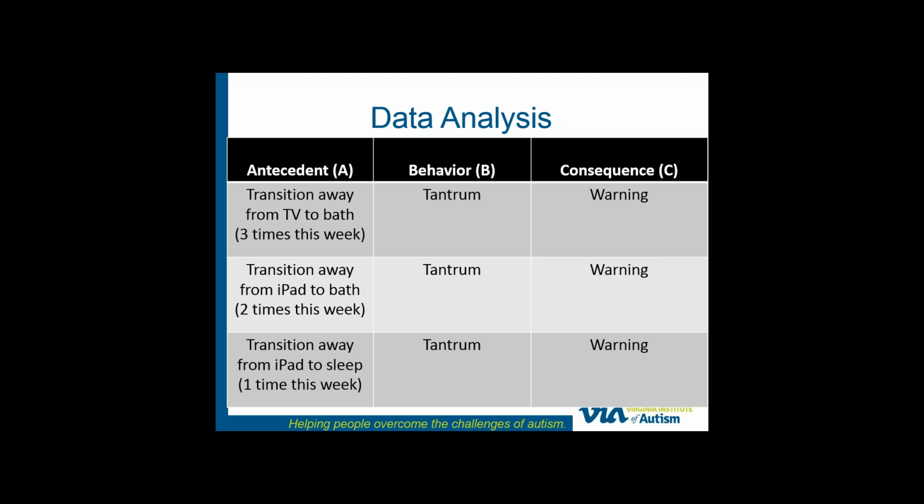So you start observing and recording information, and you realize that the tantrums are occurring more often, not every time that you tell him to go to the bath, but when he's engaged in something fun when you tell him to take a bath. In this example, what the parent did was give a warning to the child when the child had a tantrum, like, you're going to have to go eventually.